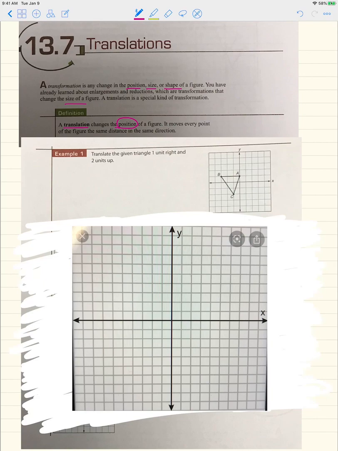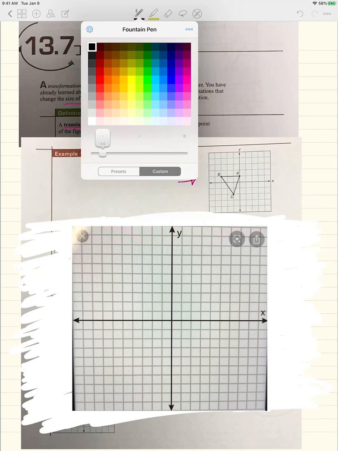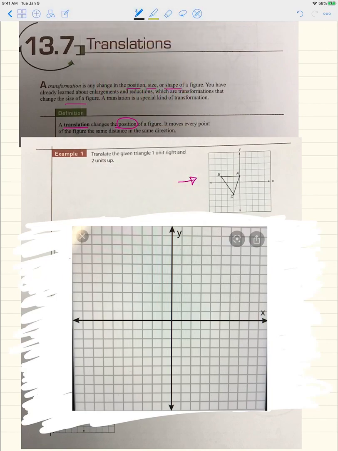So example number 1 says translate the given triangle 1 unit right and 2 units up. So here is the triangle we're starting off with. I have gone ahead and put a larger coordinate plane here so I can show you what's going on. So what I'm going to do first is redraw this triangle. A is at 0, 1.